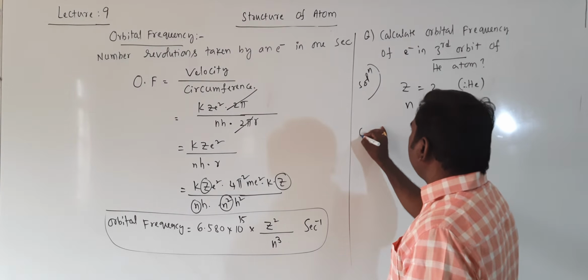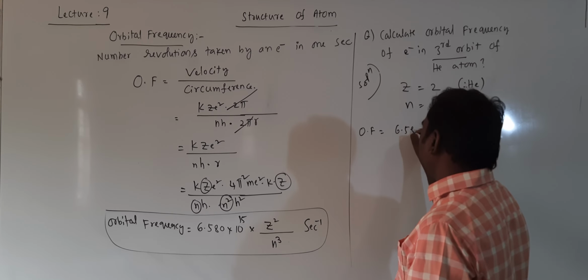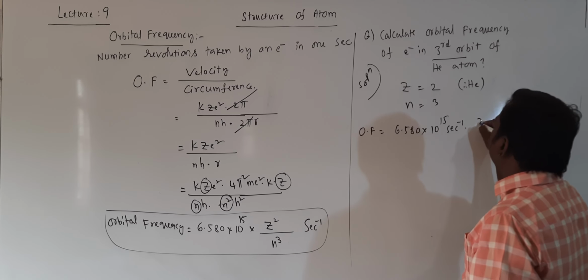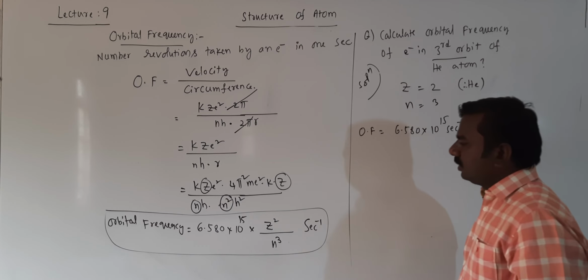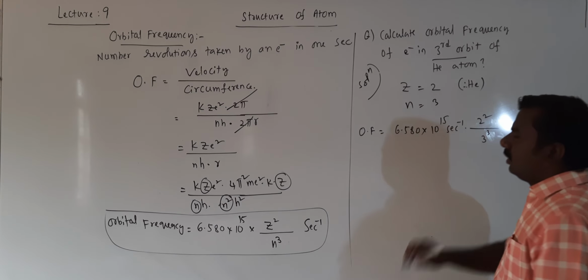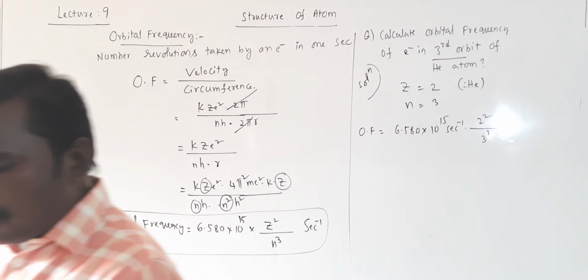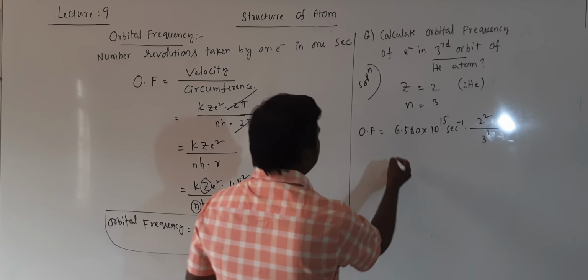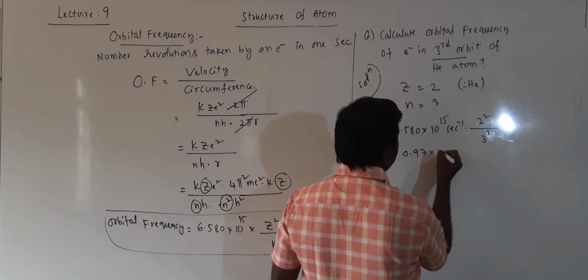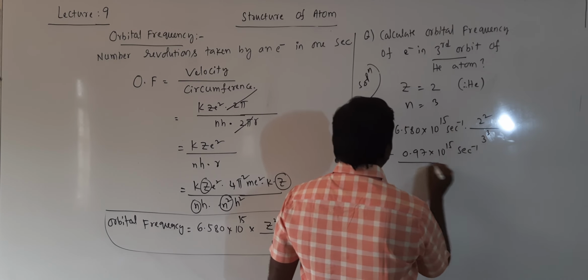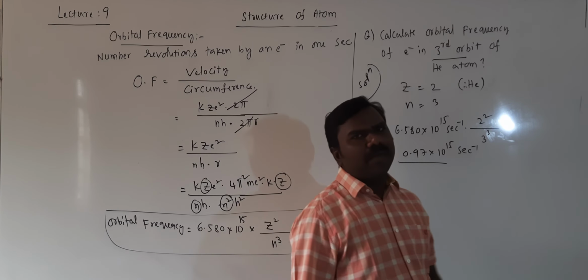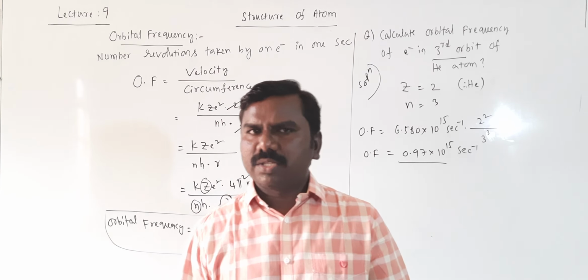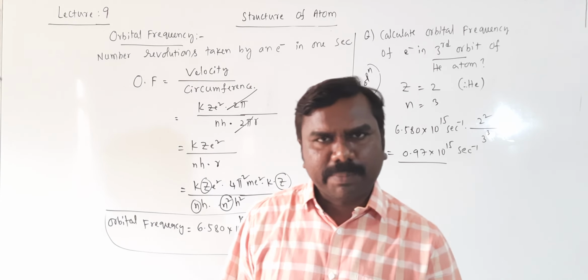Orbital frequency equals 6.580 into 10 to the power of 15 second inverse into 2 square by 3 cube, Z square by n cube. That is 0.97 into 10 to the power of 15 per second. This many revolutions will be made by the electron in the third orbit of helium. Understood? Such type of problems they are expecting.